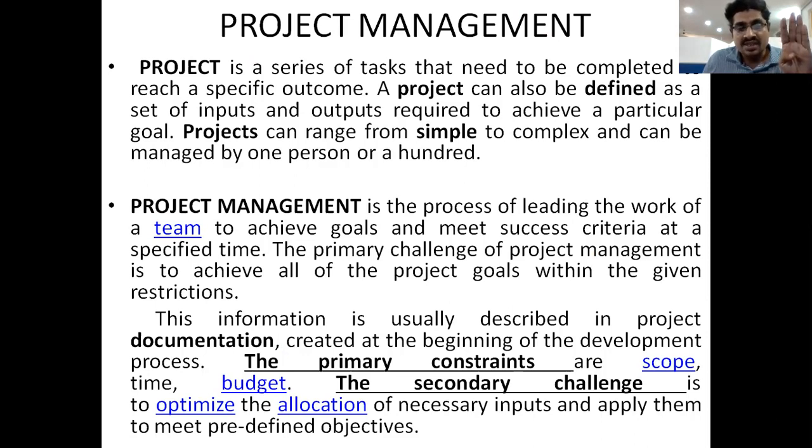If the government is satisfied with our documents, then the government will sanction to us. Then having a proper time and plan for budget or amount, and having optimization and allocation of the necessary inputs. So these 8 activities come under project management. So proper maintenance of these activities for accomplishment of the targets of the company is called project management.